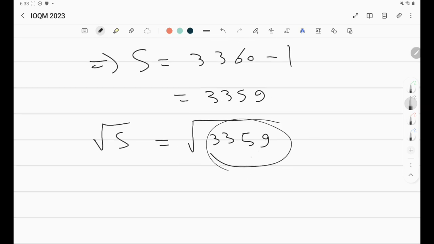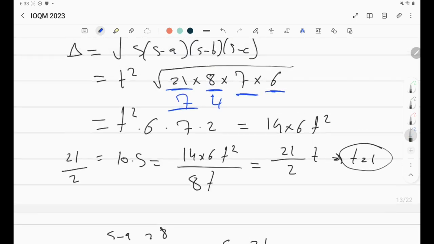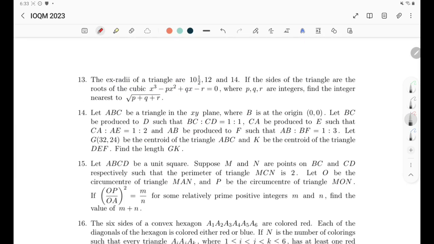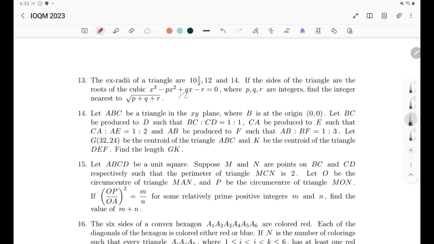You can check that this thing is actually between 57 squared and 58 squared. It's closer to 58 squared. So this thing is approximately 58, and this is the answer. Again, some not nice calculations.